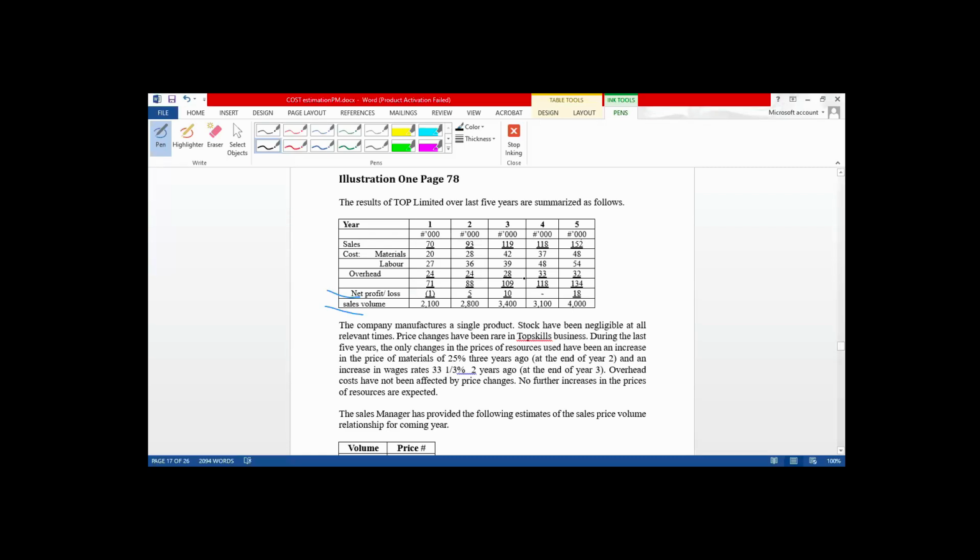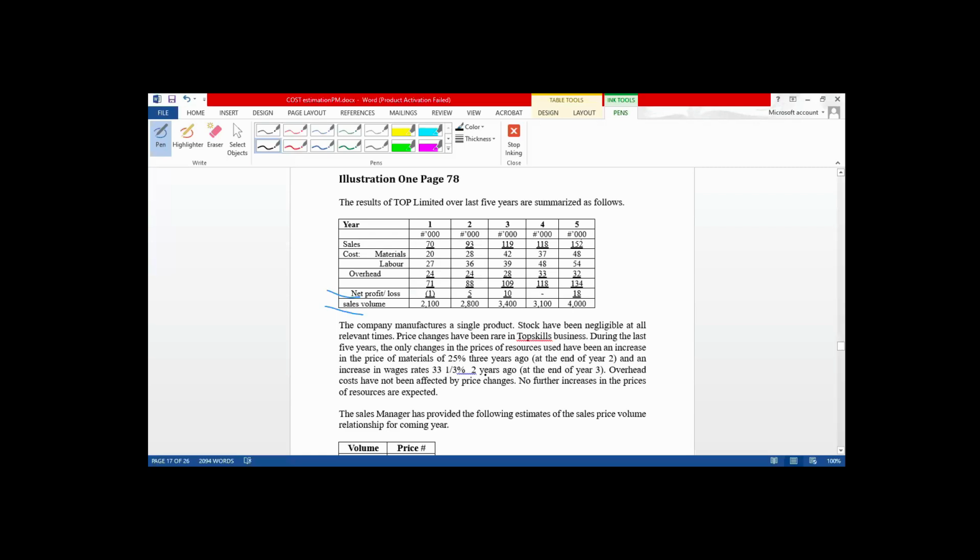We are going to increase labor cost by 33.13% up to the end of year 3. The examiner was also careful that there may be wrong interpretation. In brackets, this increase in wages is going to end at the end of year 3.